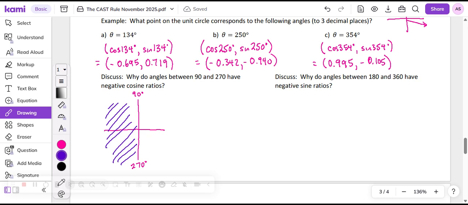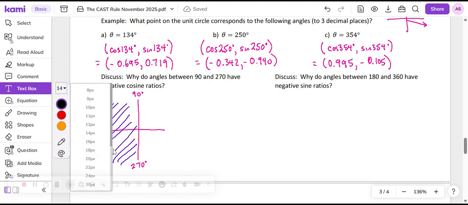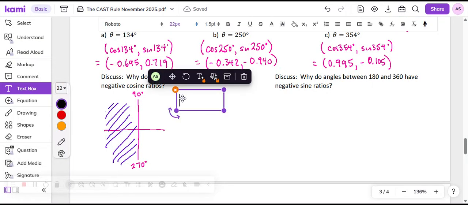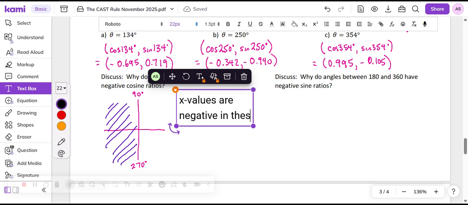Think about any point that's in these two quadrants over here. What's true about every point that's over here in this rectangle? All the x values are negative, right? X values are negative in these quadrants. Let me just punch that in here. Can you guys jot that down?